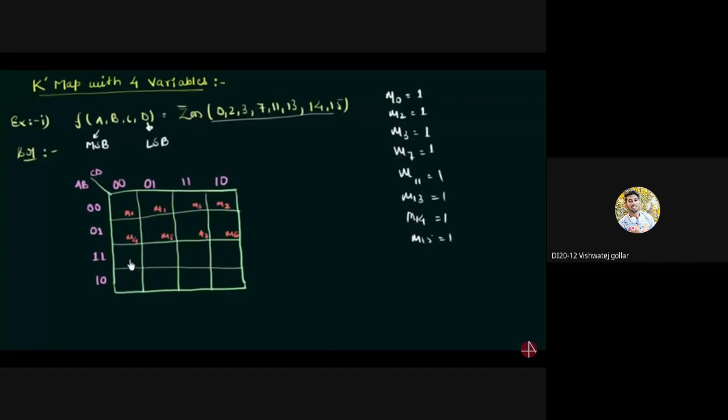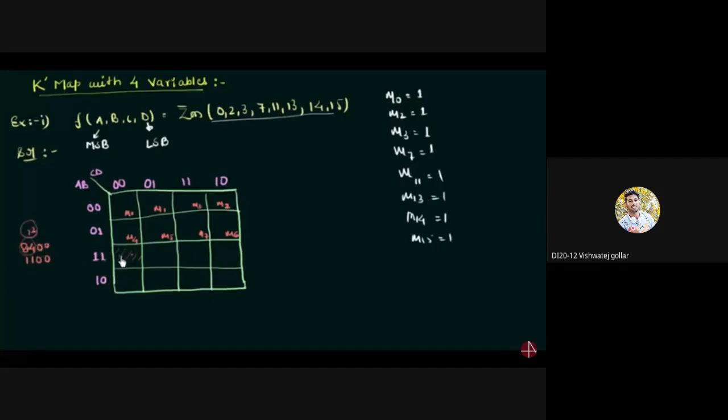Now don't make the common mistake of writing M8 here, because what is this particular cell? 1, 1, 0, 0. So this is 8, 4, 0, 0. 8 plus 4 is 12.